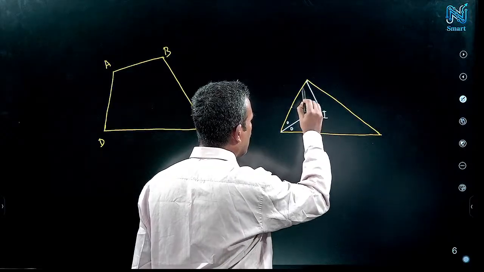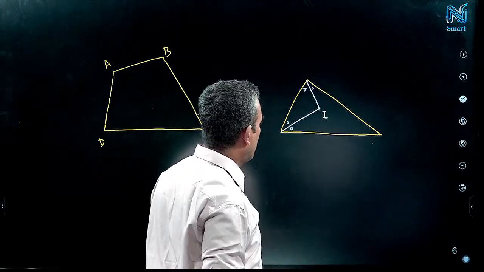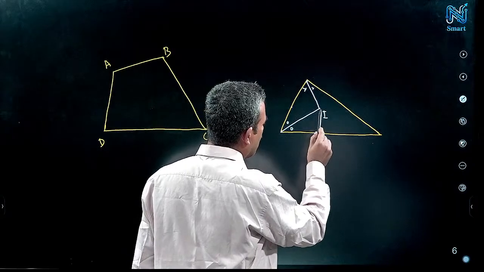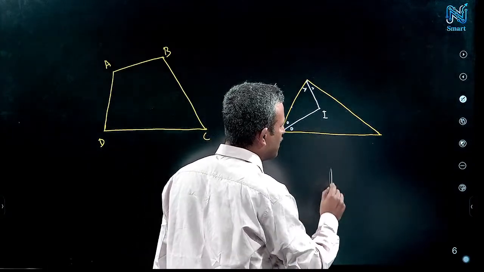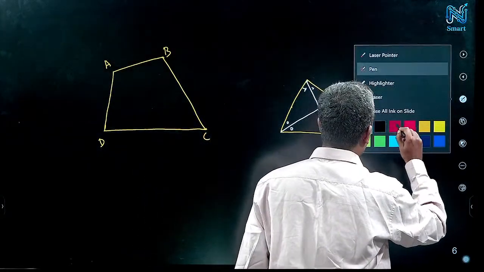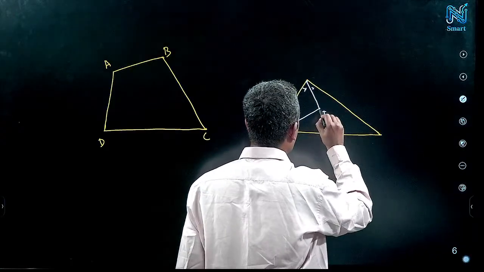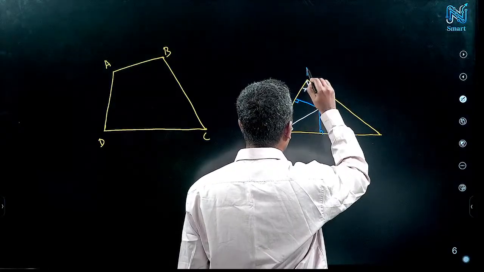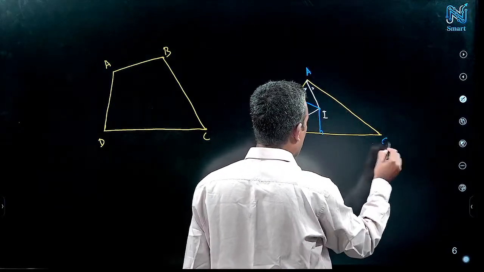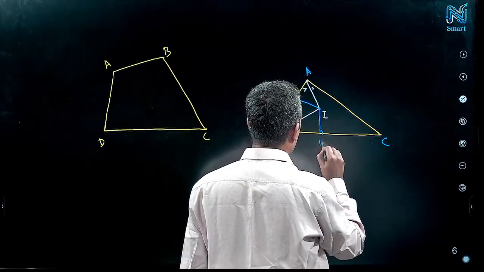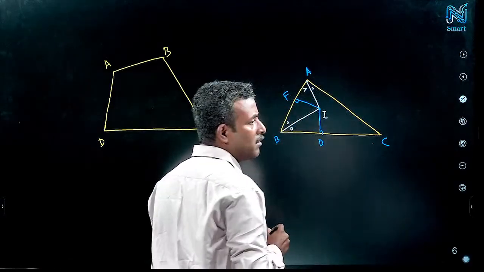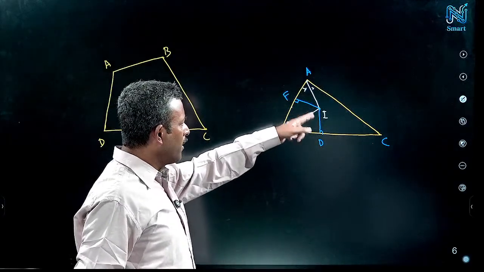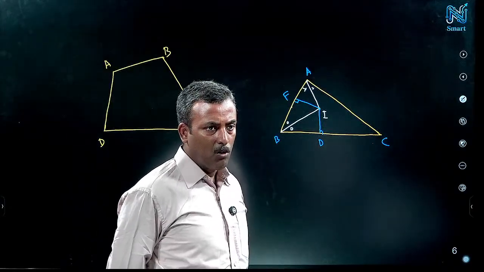So this is I, and we know that any point on the angle bisector, the perpendicular distances to the two sides are equal. Then IF and ID are equal. How do you prove that?